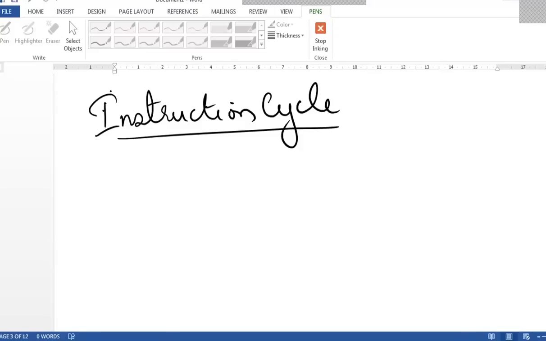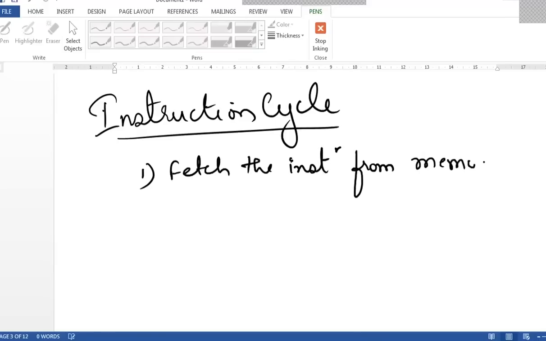Now let us talk about the instruction cycle. A program residing in your memory unit consists of a sequence of instructions. In a basic computer, these instructions are divided into the following phases. Which are those phases? First one is fetch the instruction from memory.